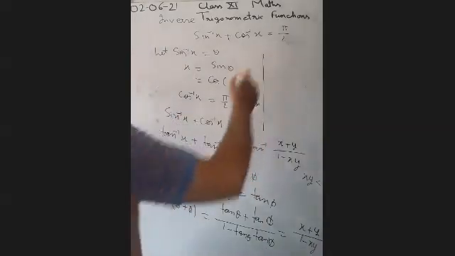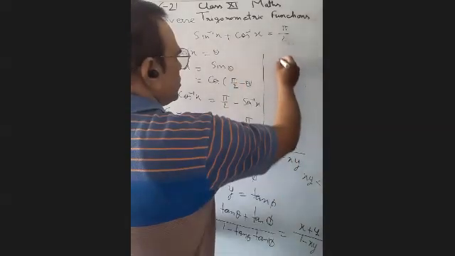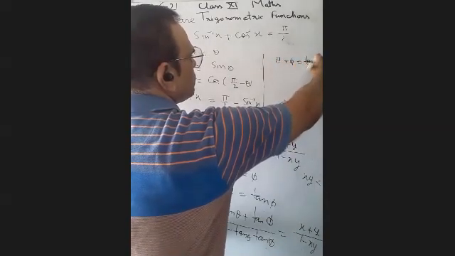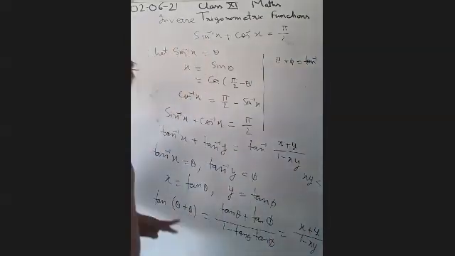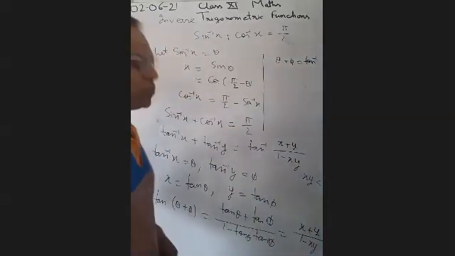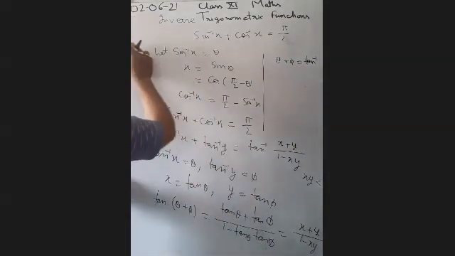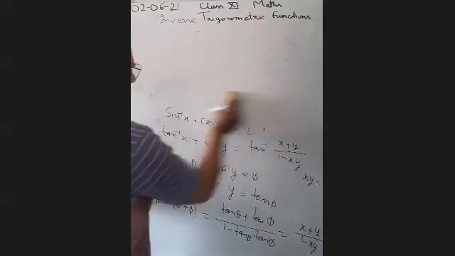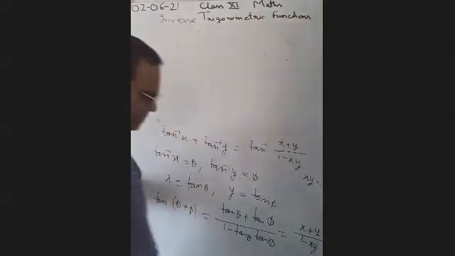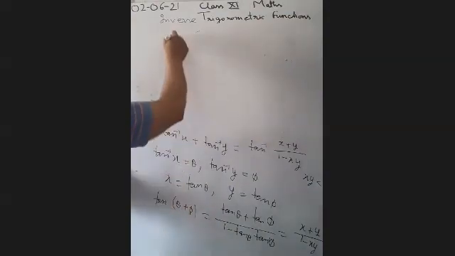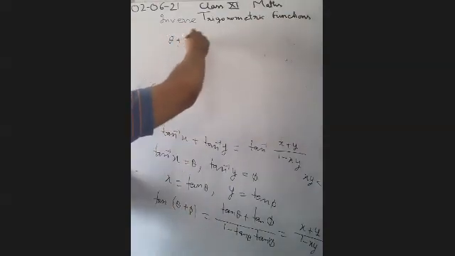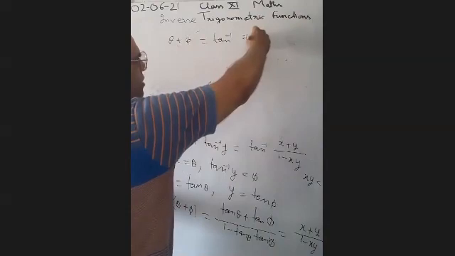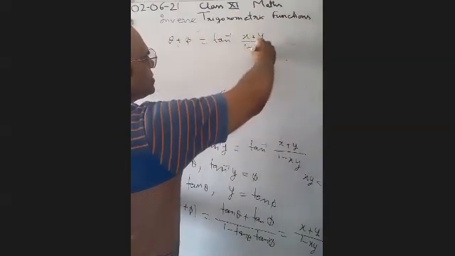Then theta plus phi equals tan inverse of (x plus y) divided by (1 minus xy).